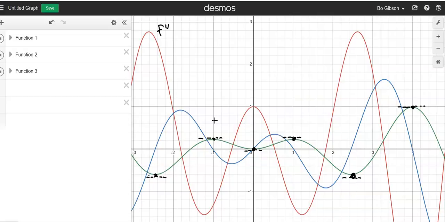So the question is, is the blue function the derivative of the green function? And let's see. If the blue function is the derivative, we should see the blue function having zeros at these horizontal tangents. And even though I can't really line my points up very well, it seems conceivable that this 0 probably lines up there. This 0 lines up here. These zeros are on top of each other.